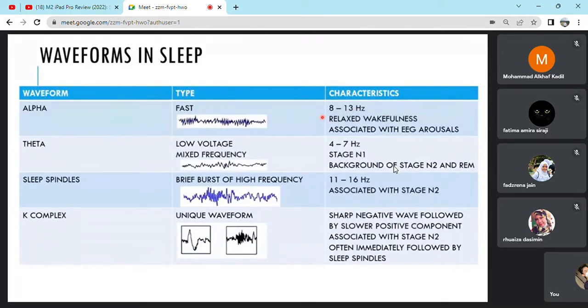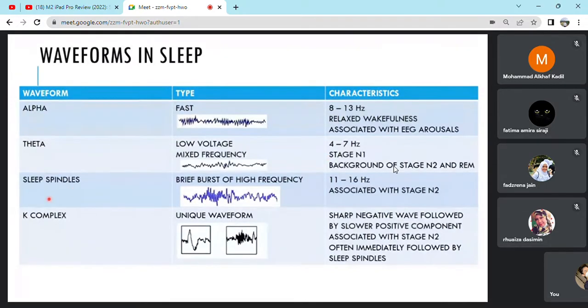That's the reason why, if you look at it, alpha is between 8 to 13 hertz, and your low voltage mixed frequency wave or your theta waves are usually slower. Kaya makikita mo then you see changes also in the speed of your waves. Okay? So because it's usually between 4 to 7 hertz. And again, as I've said, you usually see this one in your stage N1 or the transition stage from your stage W going now to your stage N1.